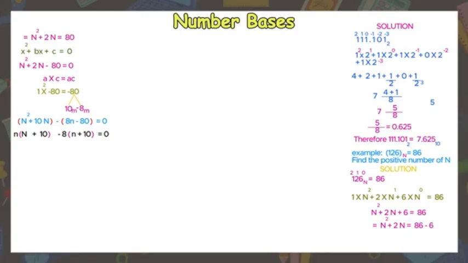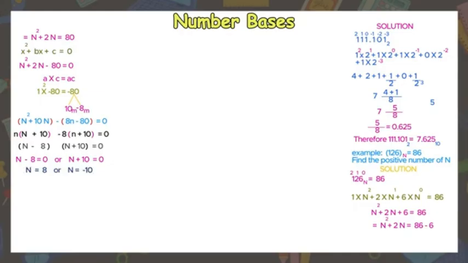Now the interpretation is n minus 8 into bracket n plus 10 equal to 0. You pick one of these two. That means n minus 8 equal to 0 or n plus 10 equal to 0. The interpretation of this is, this one will cross this line. That means n is equal to 8 or n is equal to minus 10.